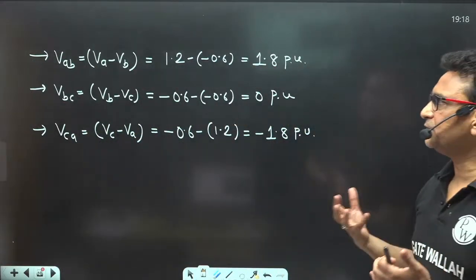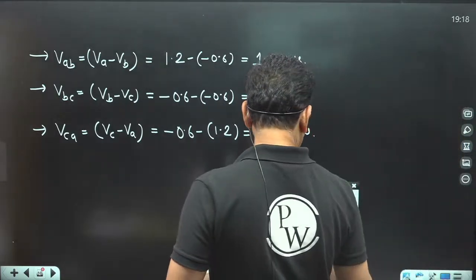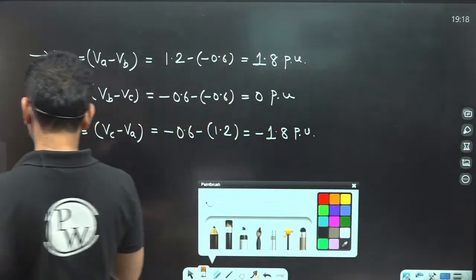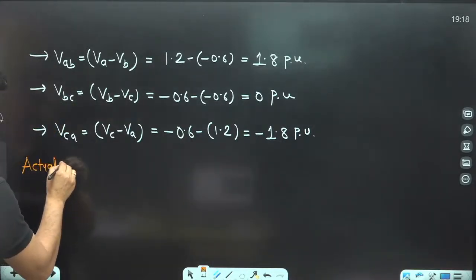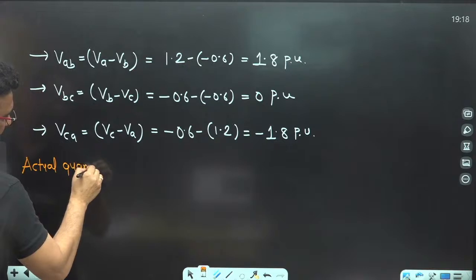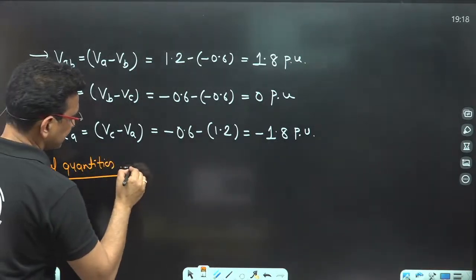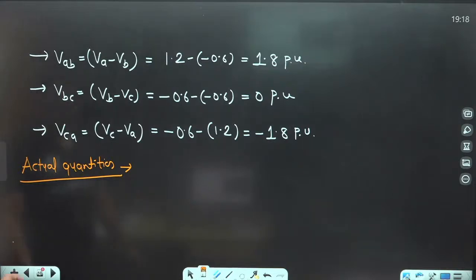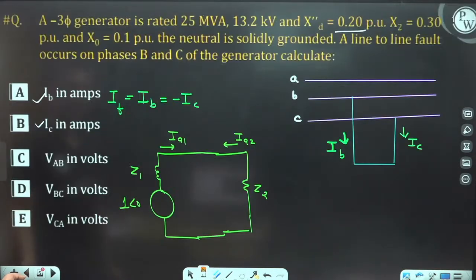But we have to find out the actual voltages and the actual current. So let's find out the actual quantities. To get the actual quantity, we require the base quantities first. You can find the base quantities from the rated values.